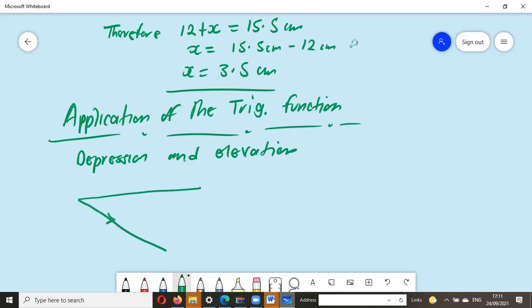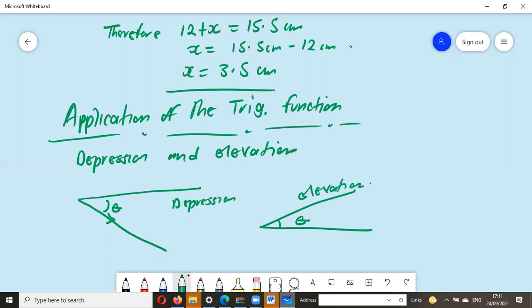That means you're doing depression. And if this is the level of the ground and you want to see someone who is above, you do what we call elevation. So this is the depression here. This is elevation.